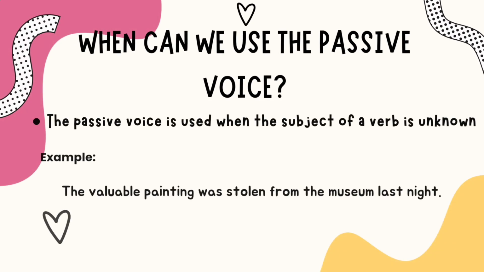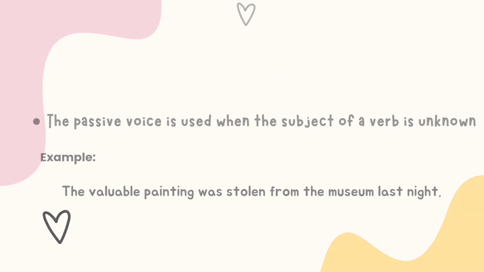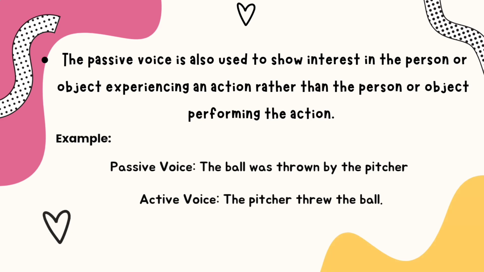When can we use the passive voice? The passive voice is used when the subject of a verb is unknown. Example: the valuable painting was stolen from the museum last night. The passive voice is also used to show interest in the person or object experiencing an action rather than the person or object performing the action.